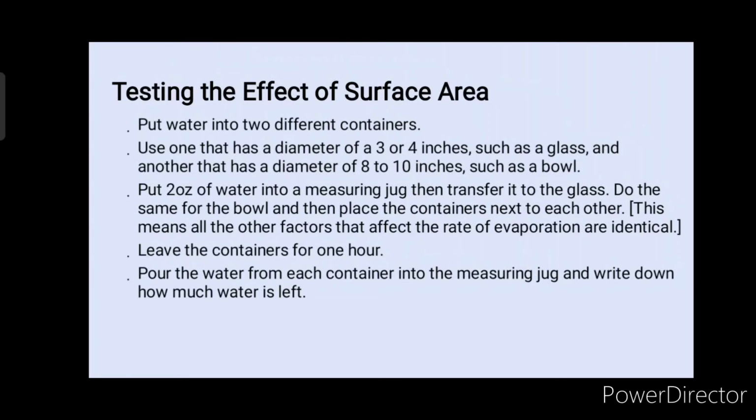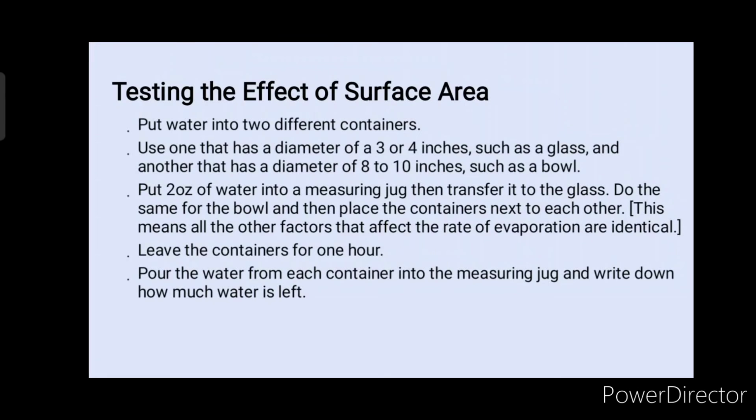This means that all other factors that affect the rate of evaporation are identical. So they put the same amount of water in two containers which have different surface areas. Leave the containers for 1 hour. Then pour the water from each container into the measuring jug and write down how much water is left.